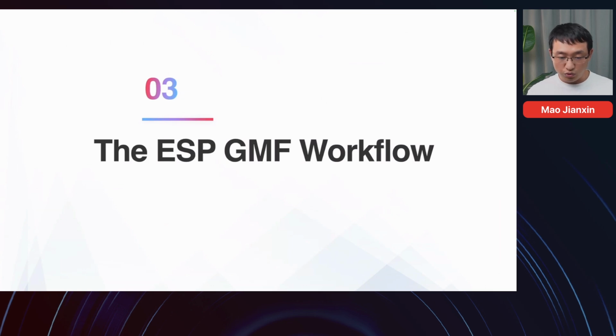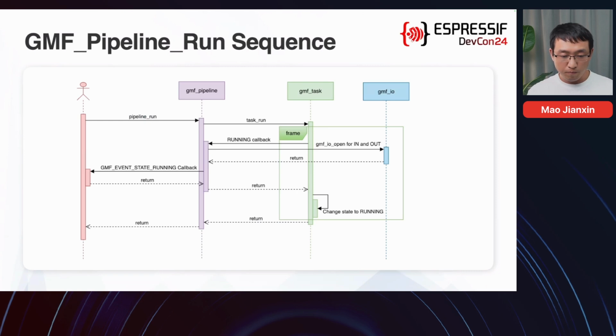This part introduces the ESP GMF workflow. Now, let me introduce the sequence diagram of the pipeline. When the pipeline run API is called, it invokes the run API of GMF task.